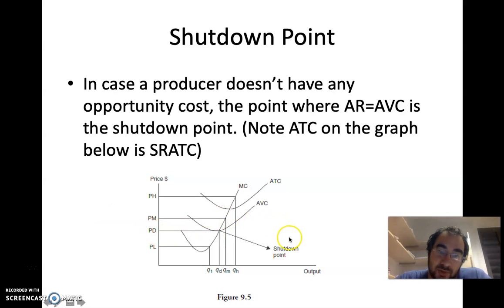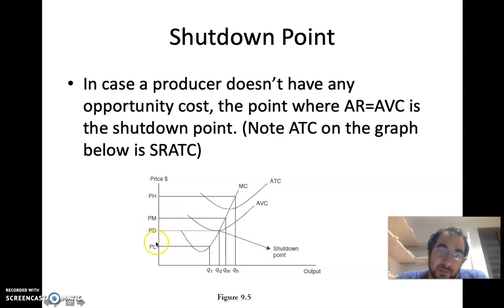If it is tangent to AVC, in that case, it will only be able to cover the average variable cost at the production level at which AVC is minimum. In that case, the company will be just indifferent between shutting down or staying open.